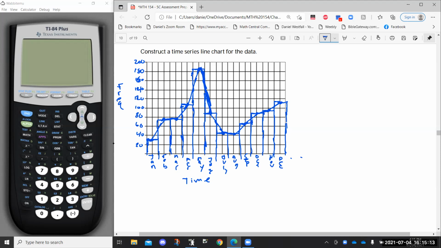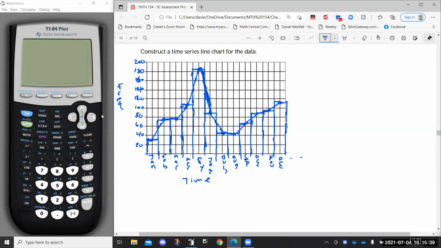Honestly, though, the better tool for you to use here would be Excel, but it's not our job in this class to teach you to use Excel. Your teacher probably in statistics is going to focus on this calculator over here as well. So that's what we're going to focus on in this class, and just want you to recognize the different types of graphs, and that will be sufficient for us.